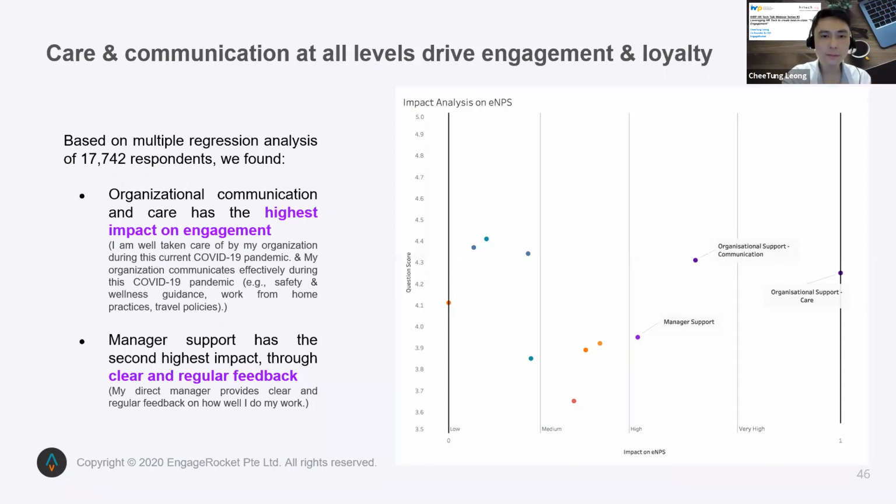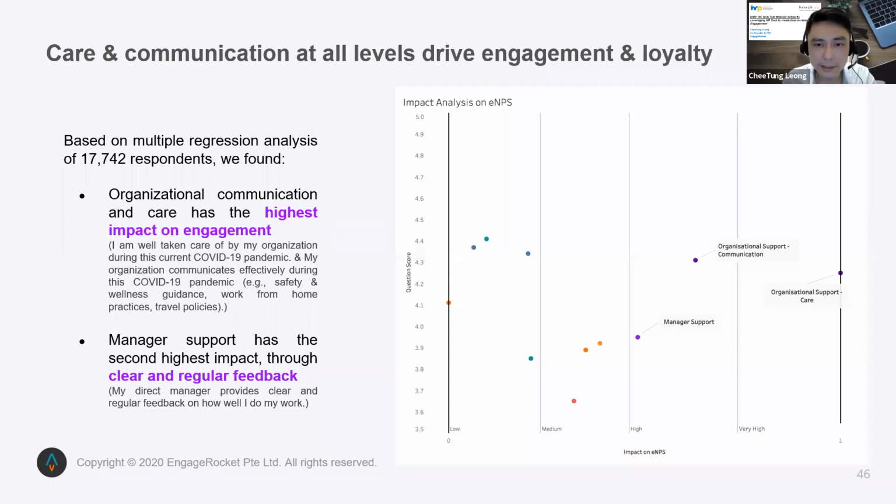So when we did this analysis, we ran a multiple regression on Employee Net Promoter Score with all the different engagement question drivers that we asked. And what we found was really interesting. In a crisis like now, the most important driver of employee engagement is the demonstration of care by the organization at all levels of the company.